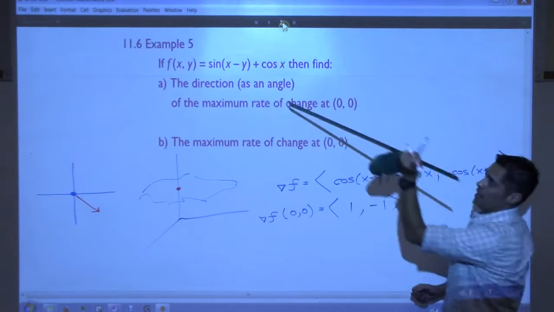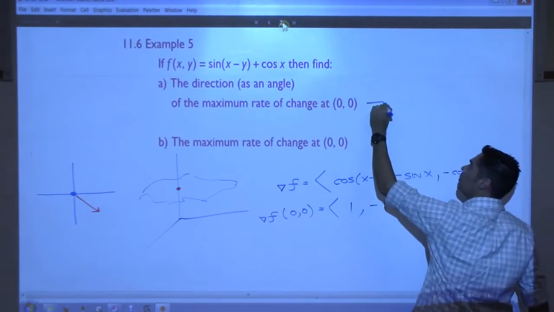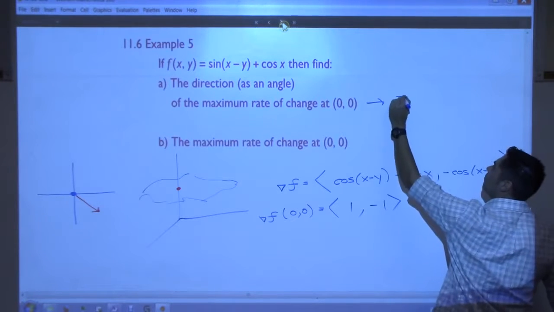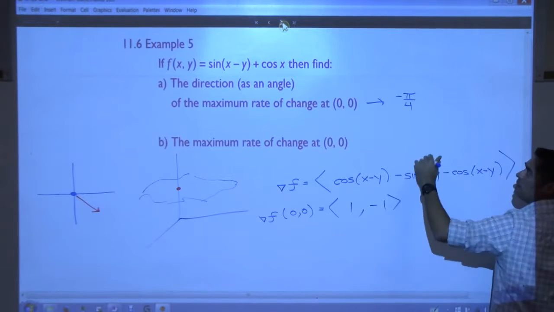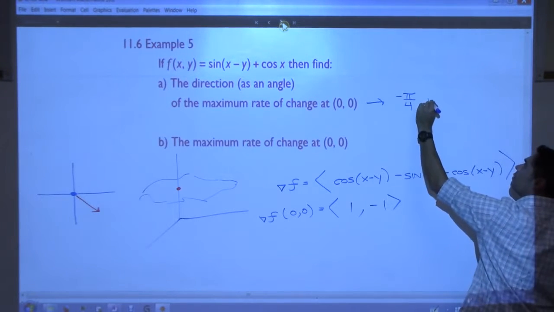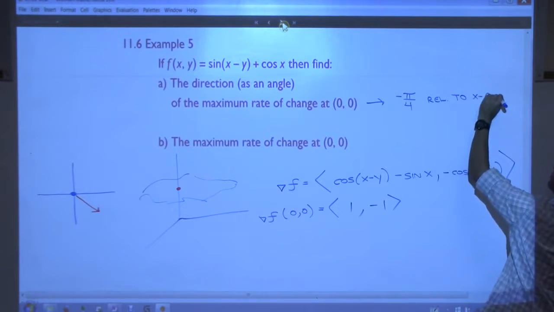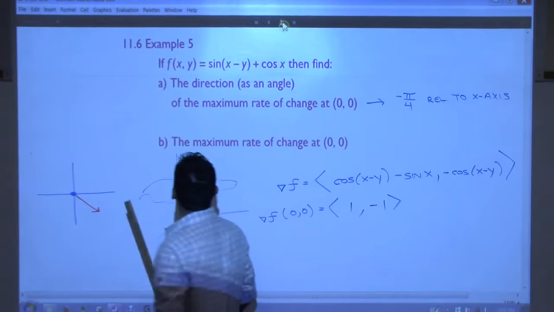I wanted it though as an angle, not as a vector. So what is that as an angle? Relative to the x-axis, that's the angle I should point.